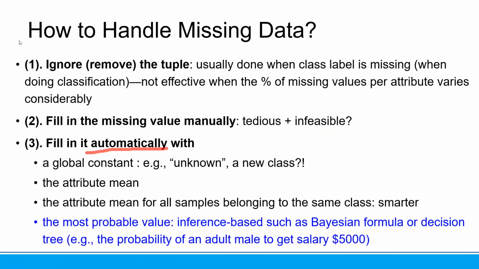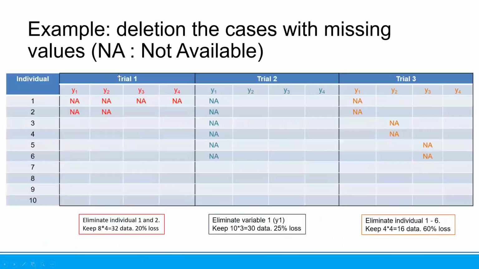Okay. So first, we will learn about removal, where we delete the cases with missing values. Let's suppose we have these 3 trials: trial 1, trial 2, trial 3. It is separate data. We have individuals 1 to 10, so we have 10 data.